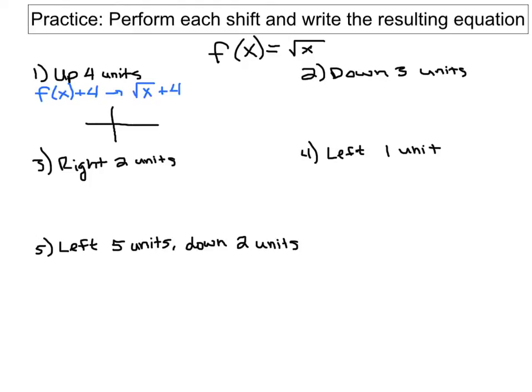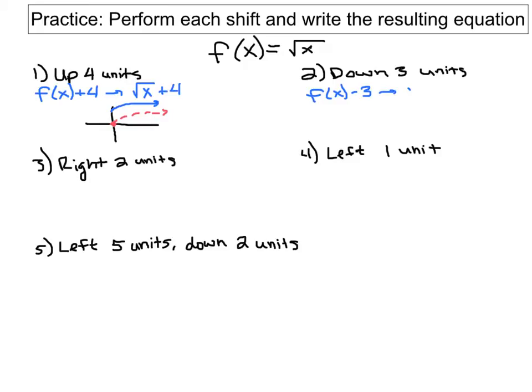A square root function originally looks something like this, where we start at 0, 0, and we're going to move it up 4. So we just took our parent function and moved it up 4. Now let's do the same thing for down 3 units. This is going to be f of x minus 3.